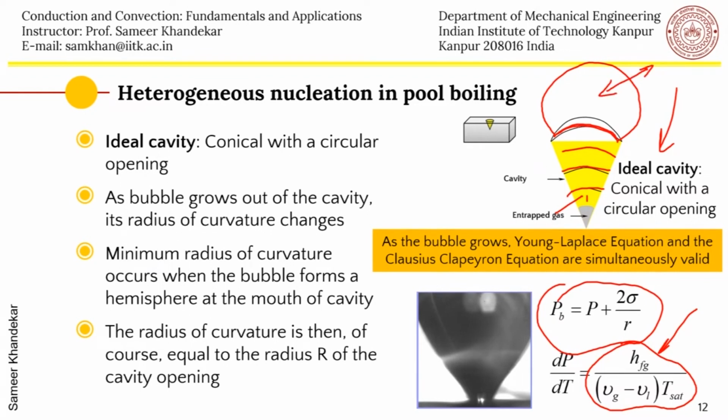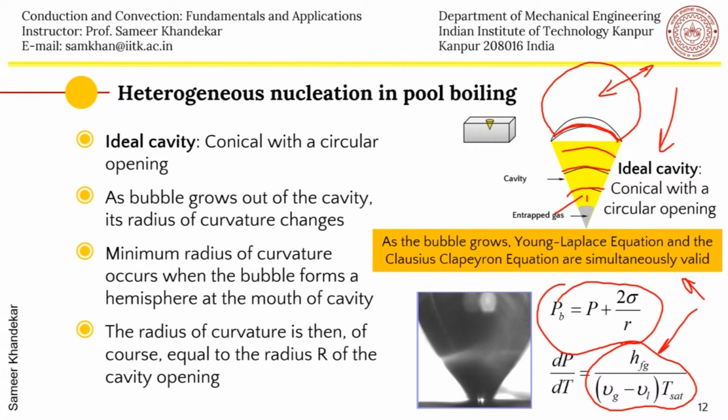The bubble is growing, and the minimum radius of curvature occurs when the bubble forms a hemisphere at the mouth of the cavity, and therefore the radius of curvature is equal to the radius of the cavity opening.